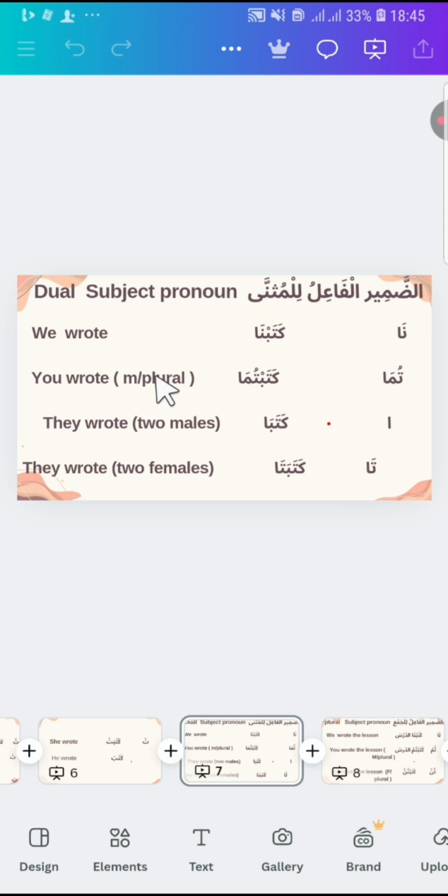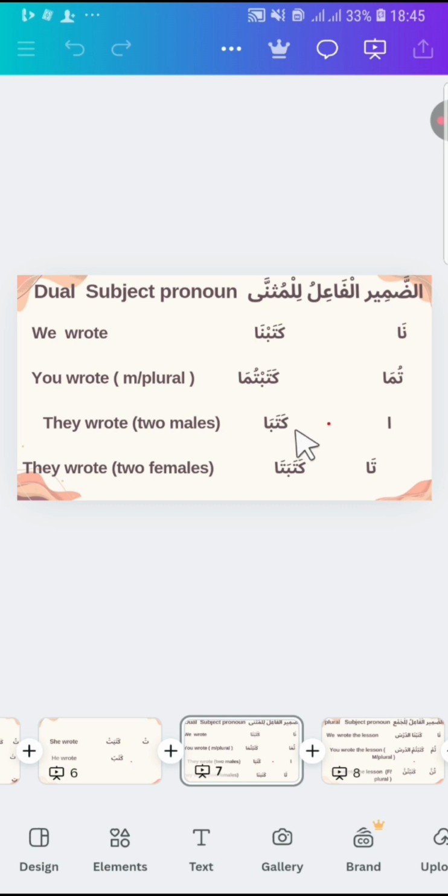And we have this alif. So kataba, they wrote, is for two. When this alif is attached to the root, it becomes kataba, which means they wrote, and it refers to two people.